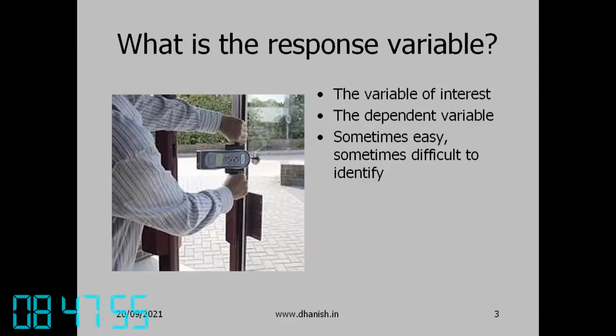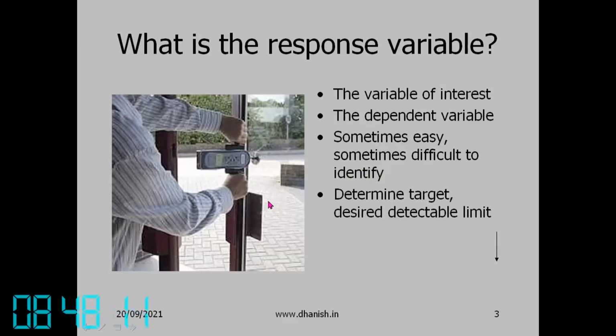So in one building itself, one room may be getting sun, another room may not be getting sun. At what time you are going, so many things will affect your experiment. So sometimes identifying the response variable is very difficult.